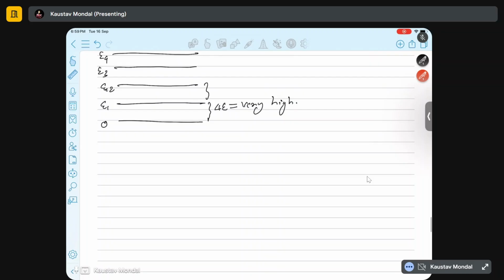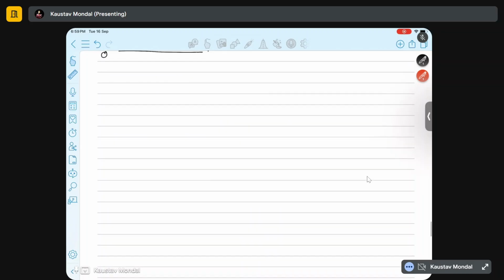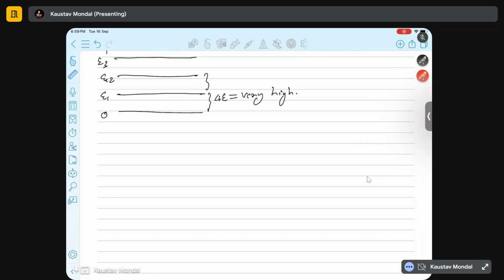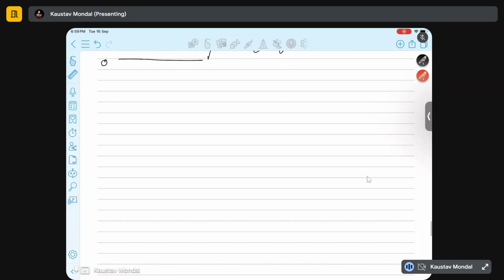Okay, anyway, we'll see what happens. So first thing is to write the electronic partition function. Similarly, from the general expression of the partition function you can write this. So Q is the electronic partition function, the sum over energy states j, Gj into e to the power minus beta Ej.